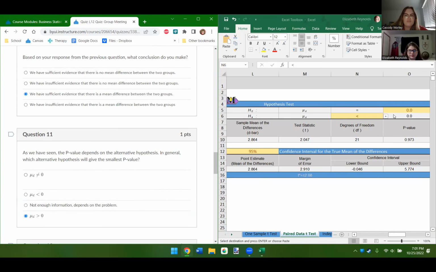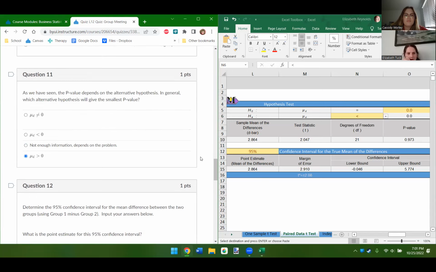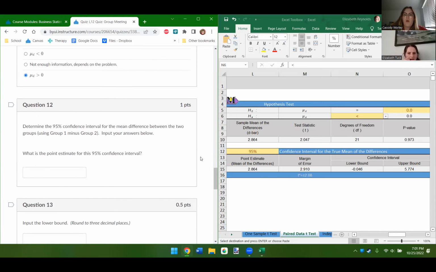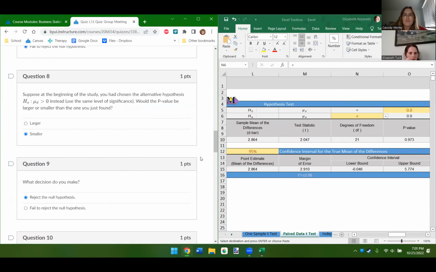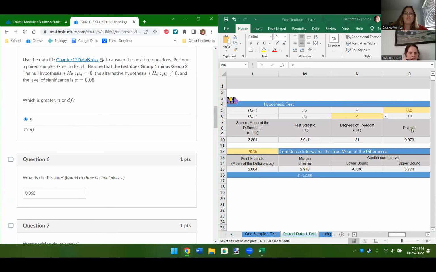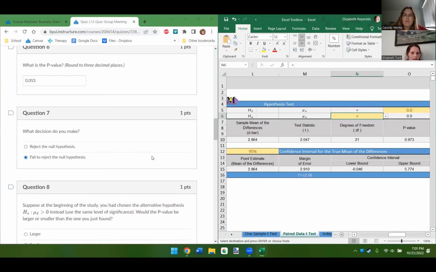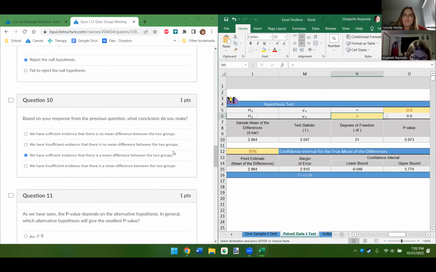I think is it not equals? That's confusing. Because would we use the hypothesis from question 8, or the original one from question 5? Actually, I'm not sure the hypothesis makes a difference with the confidence interval.